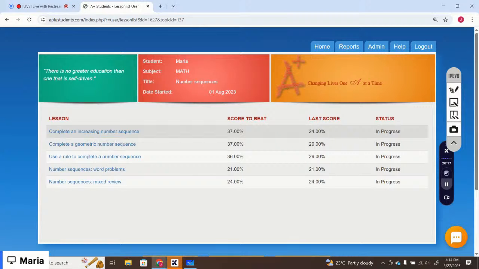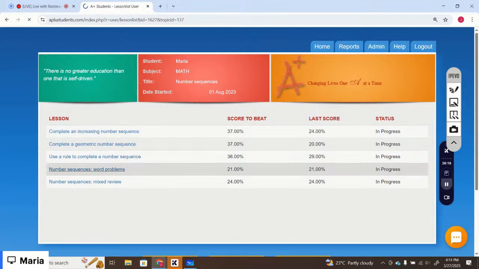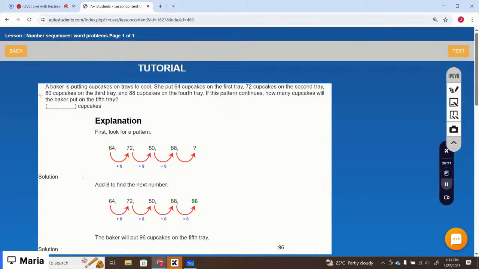Number sequences word problems. A baker is putting cupcakes on trays to cool.